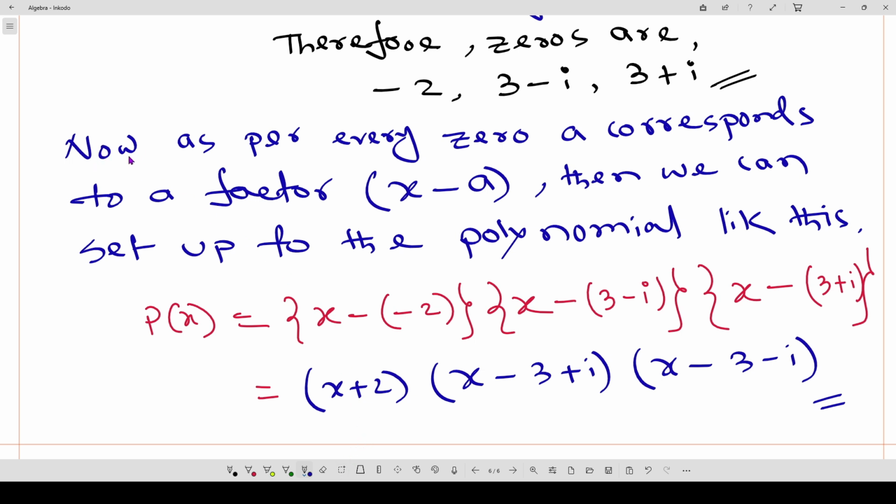So here we can write: factored form. Every zero corresponds to a factor x minus a, and then we can set up the polynomial like this. Now we solve step by step.